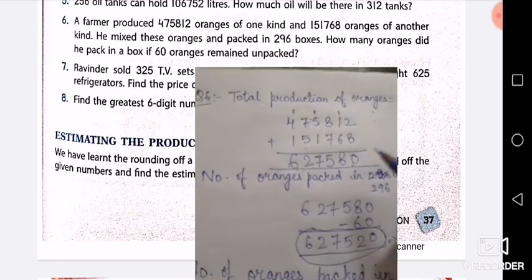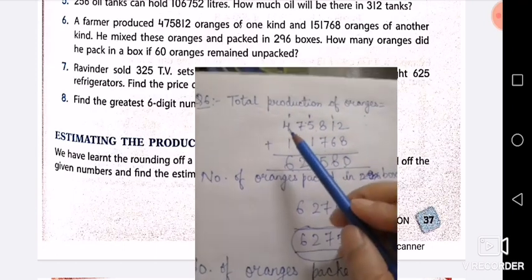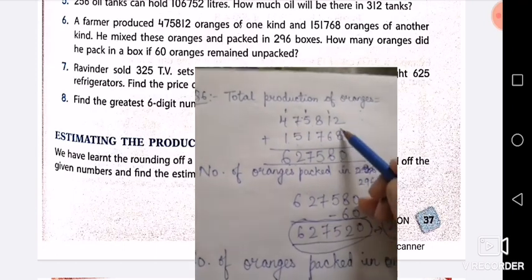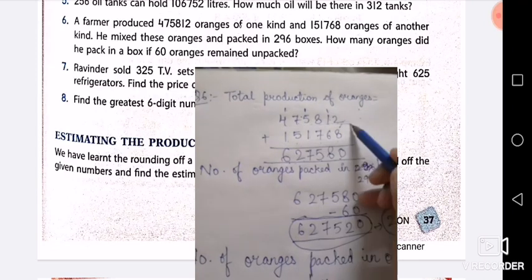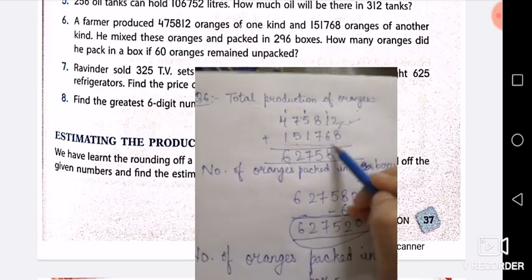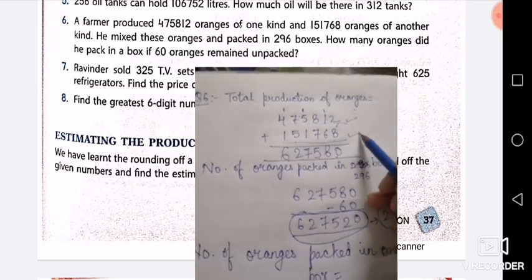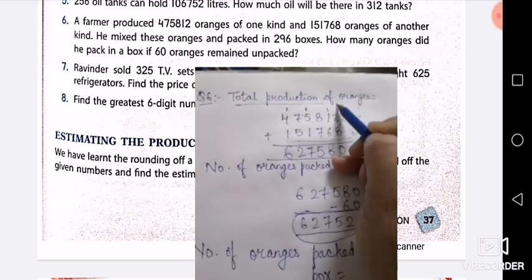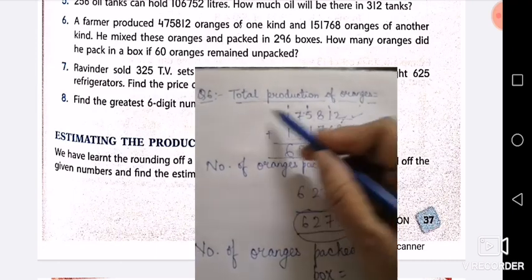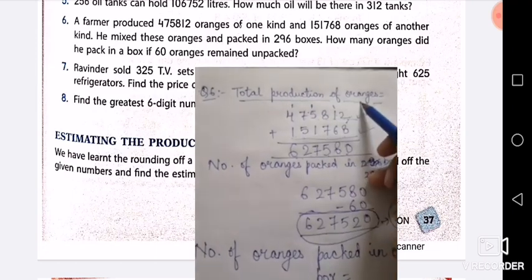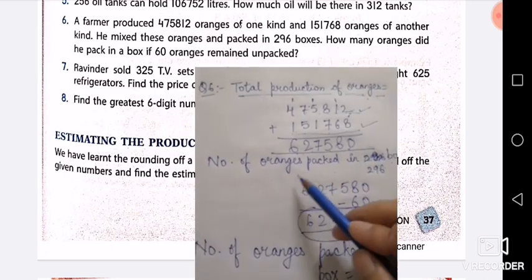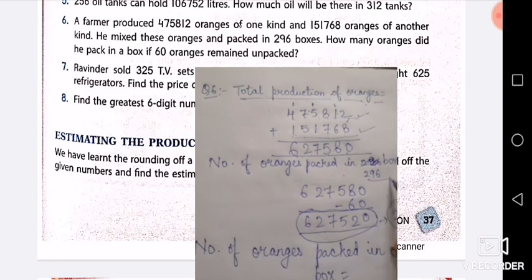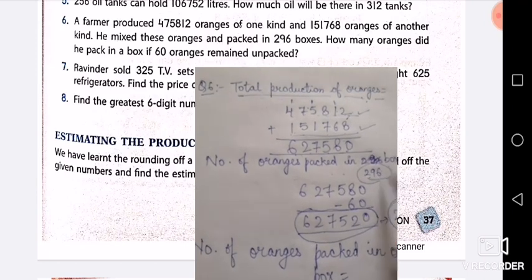Okay, let's see the question once again. What is given in the question is that these many oranges are of one kind and these many oranges are of another kind. So we have to first find the total production of oranges, because if we do not find the total production, we cannot find out how many oranges were packed in 296 boxes.